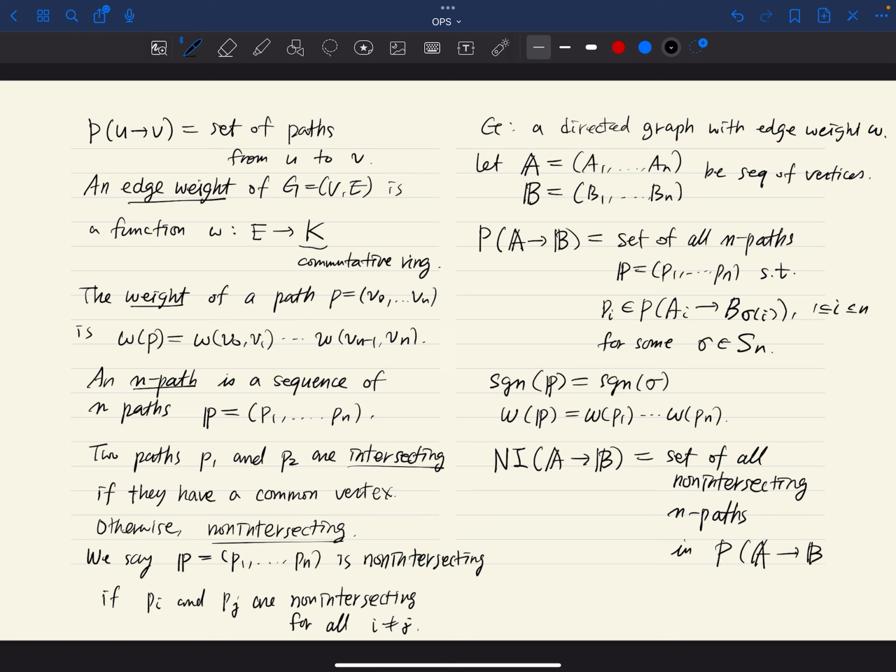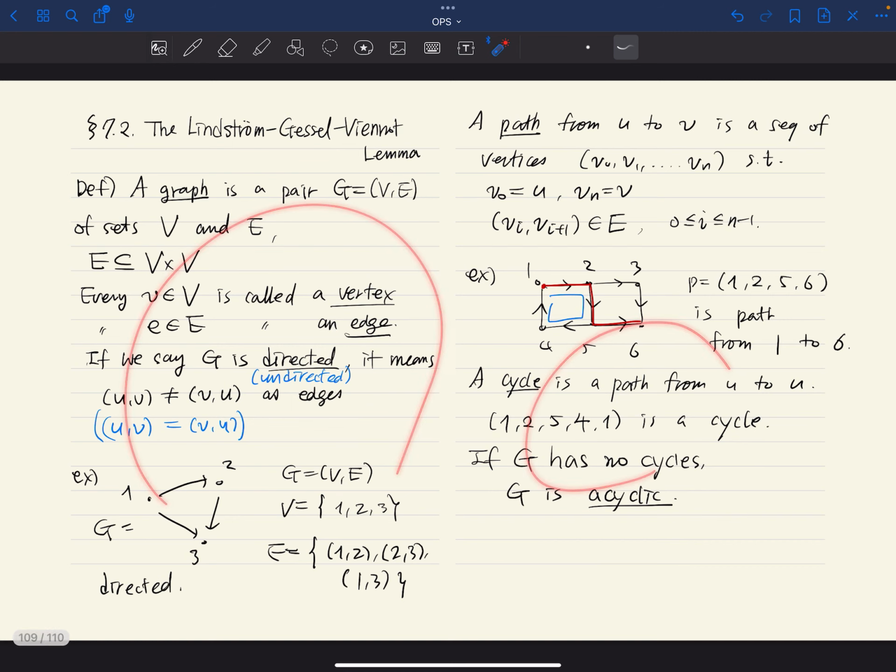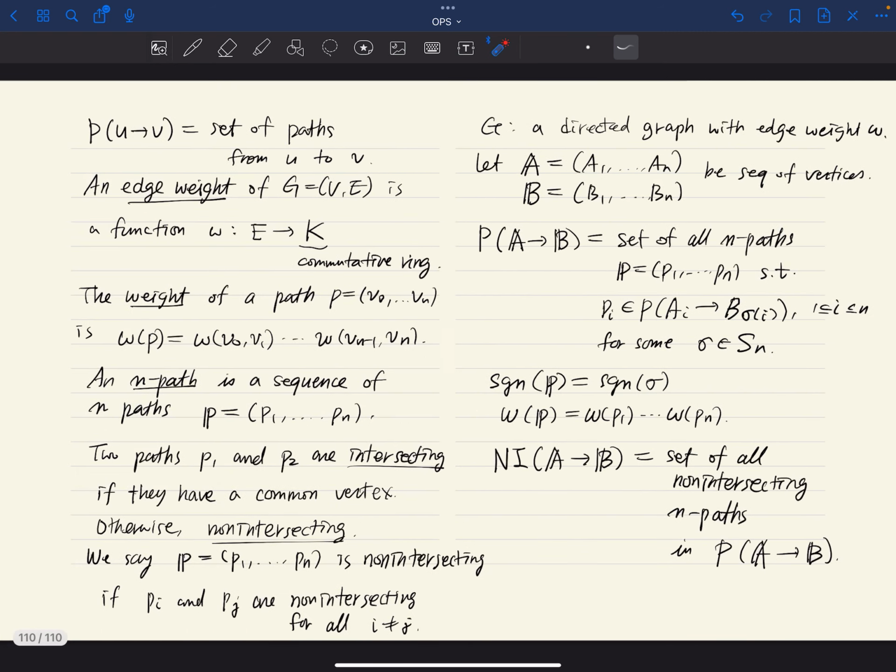A's are the starting points, B's are the ending points, where the ending points can be permuted any way. So this is all we need to state the Lindstrom-Gessel-Viennot lemma. We have stated a bunch of things, but all the definitions are quite natural, so it shouldn't be too difficult to memorize them. I will show you some examples, so you can see them later.